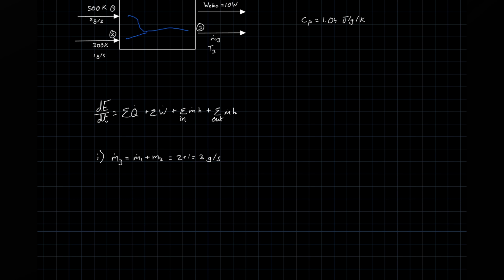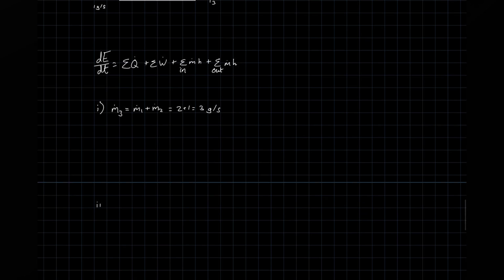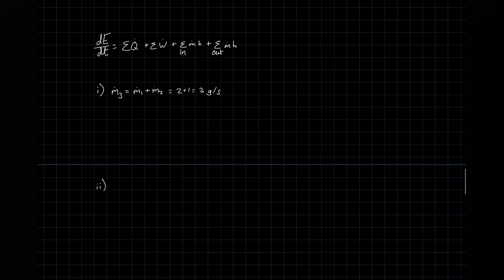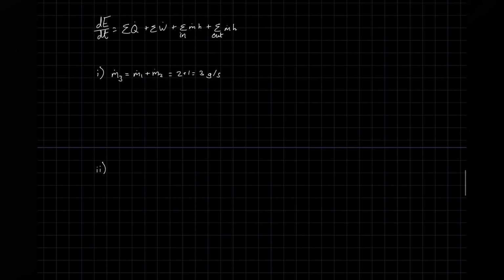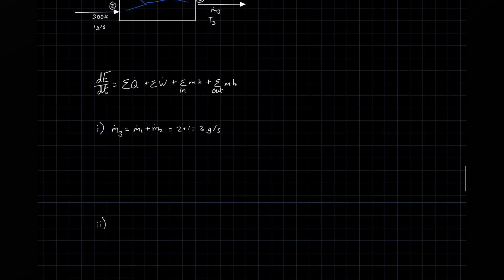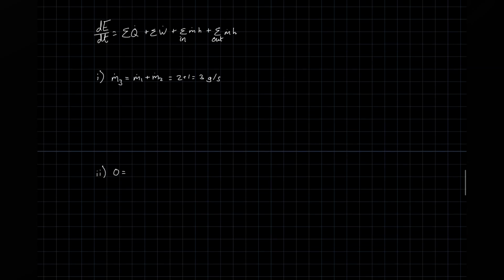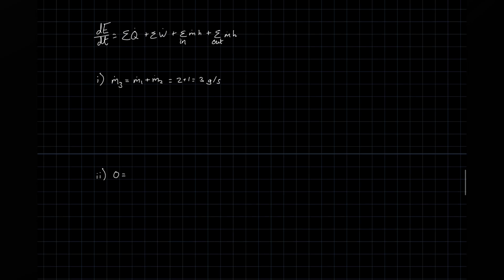Okay, so step 2 is to set up our energy balance. Well, like replace all the stuff into the energy balance. So we were told that it's a steady state, so it's not changing in energy. Well, the system isn't changing in energy as a whole.